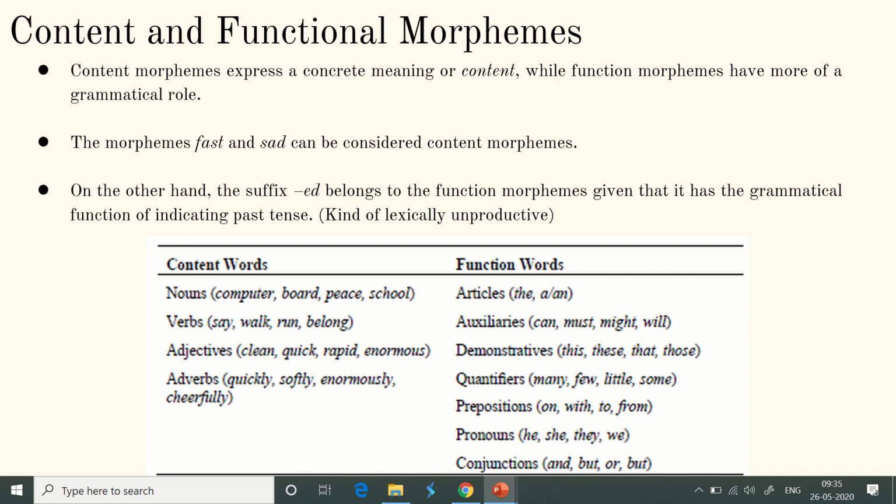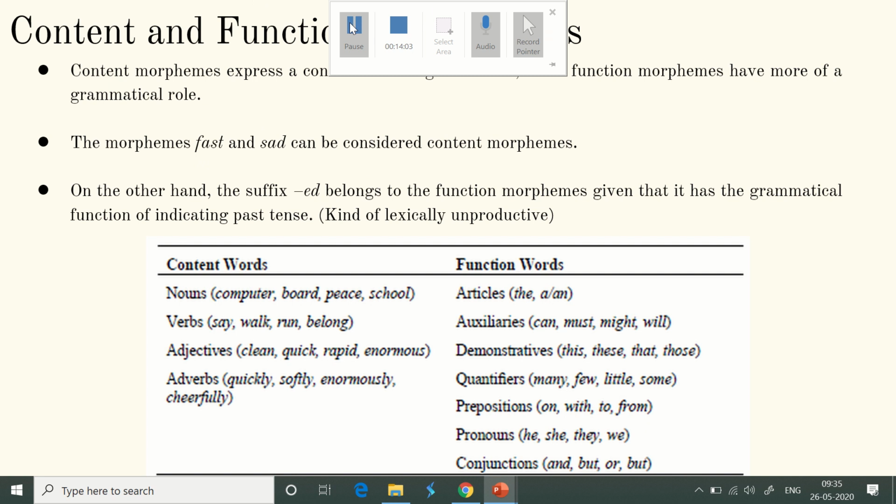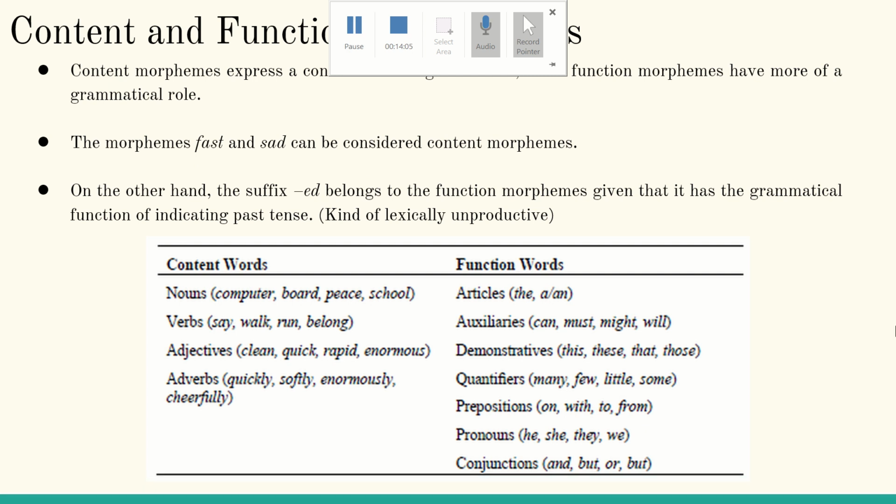But the functional morphemes are like the, can, must, might, will, this, on, with, to. All these might not convey a solid meaning, and we call them functional morphemes. It is more of a grammatical value add to the word that you have, instead of the word by itself conveying something solid. So that's the simplest example that I told you, the fast and the sad. I'm going to give you more examples as well, which will help you.